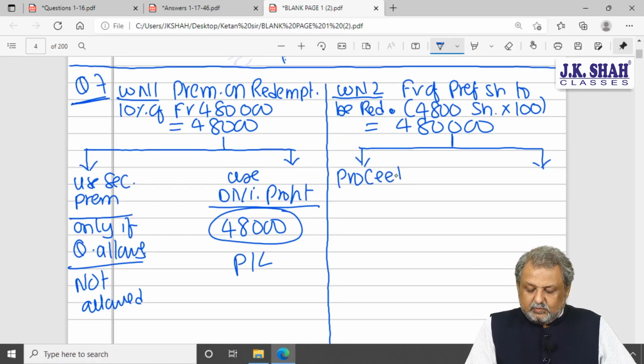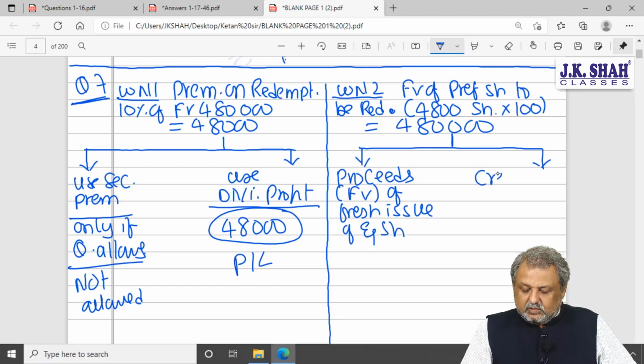Proceeds means face value of fresh issue of equity shares. Create CRR out of divisible profit.